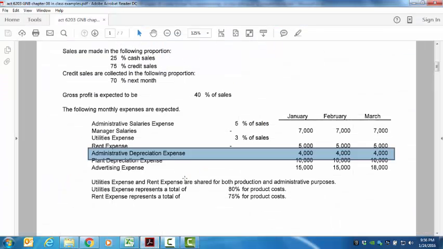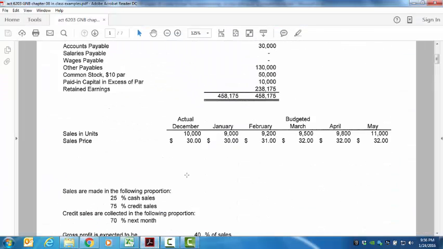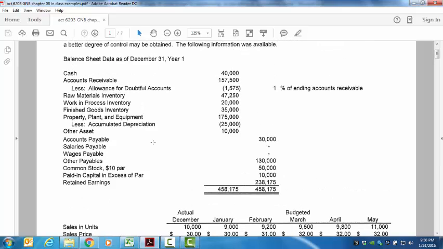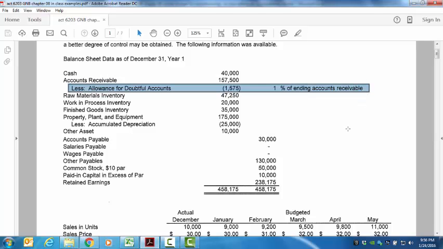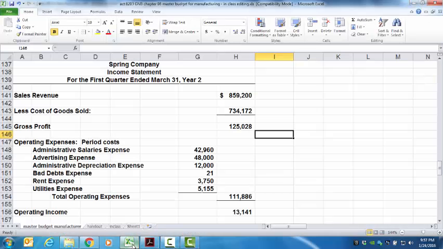This bad debt is accounted for through what we call an allowance for doubtful accounts. These represent the customers, again, that are not expected to pay. And this company's expectation is 1% of the receivable account will be uncollectible. 1% of the receivable.